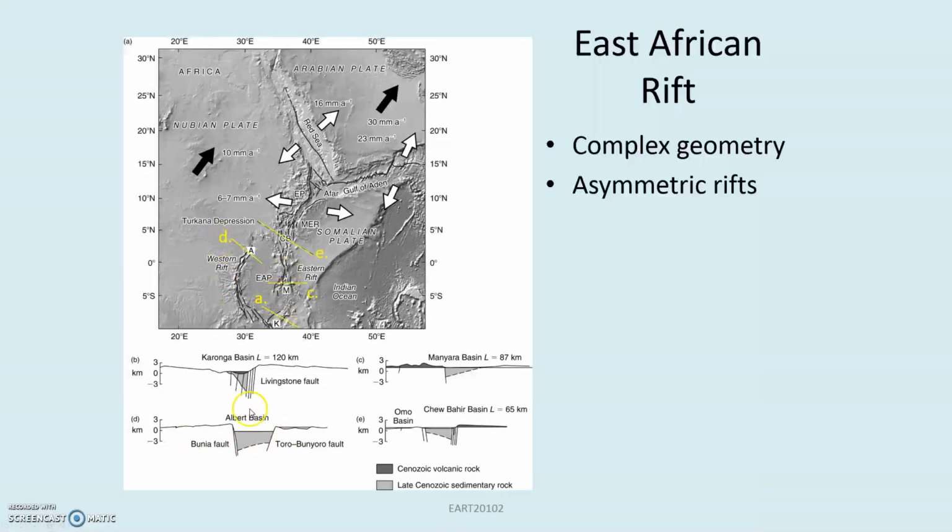In this case, we have a fault on both sides, but the fault on the west side has got more displacement than the one on the east side, and this is part of the process of forming a rift.